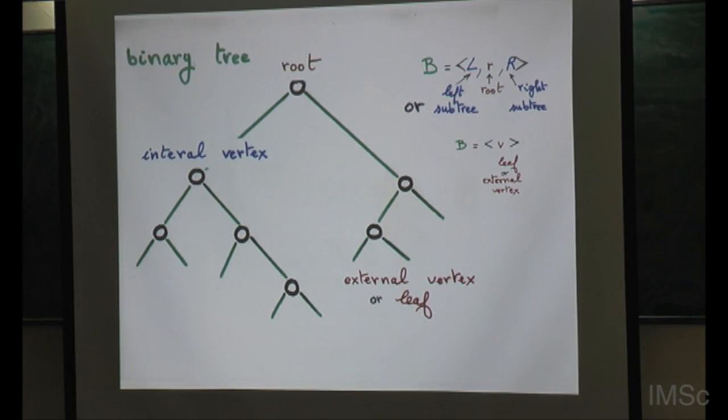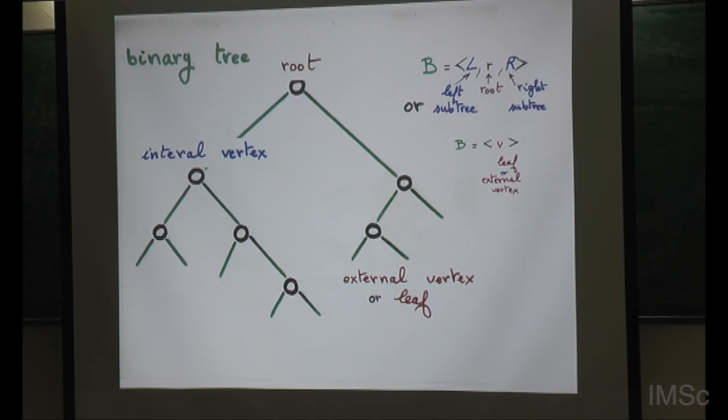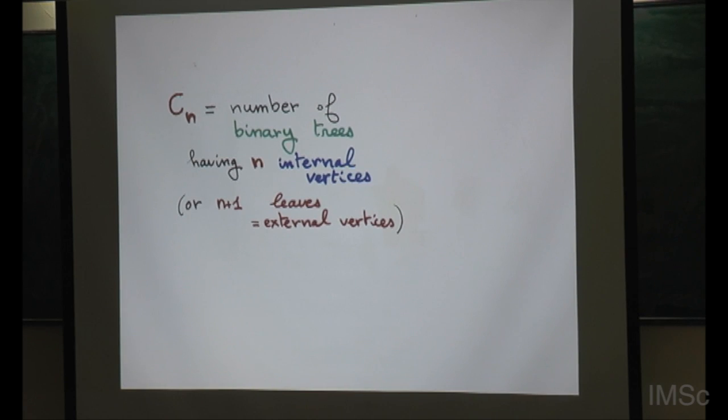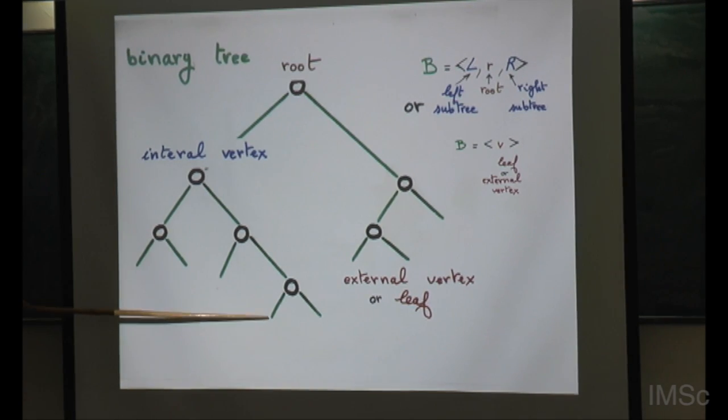So this is the image of a binary tree. And we want to count how many such binary trees there are with n internal vertices. It's a very elementary lemma that if there are n internal vertices, there are n plus 1 external vertices.